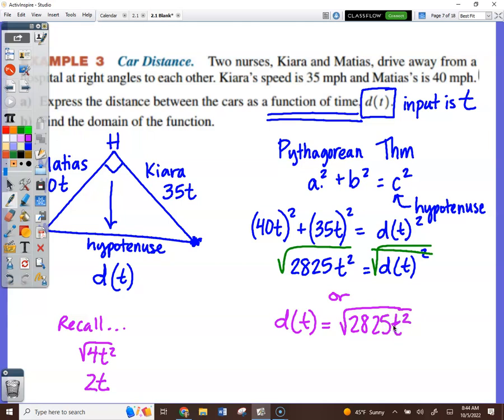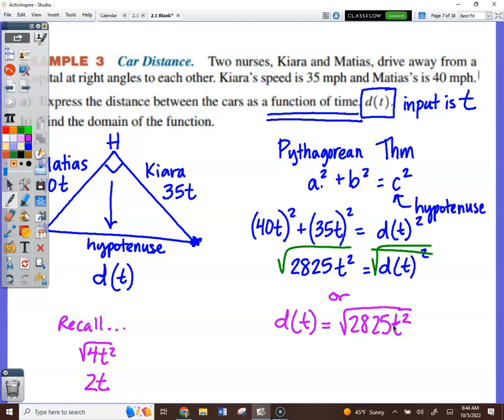Or you can take the square root of the t squared and put the t in the front or at the end. It's up to you on how you're comfortable leaving your answer. The point of the question is, give me an equation, a formula, to represent how far apart these women are based on how much time has passed. So you've done that now.